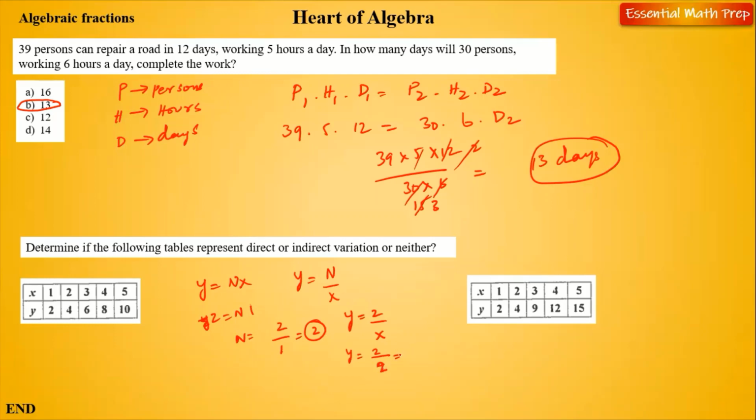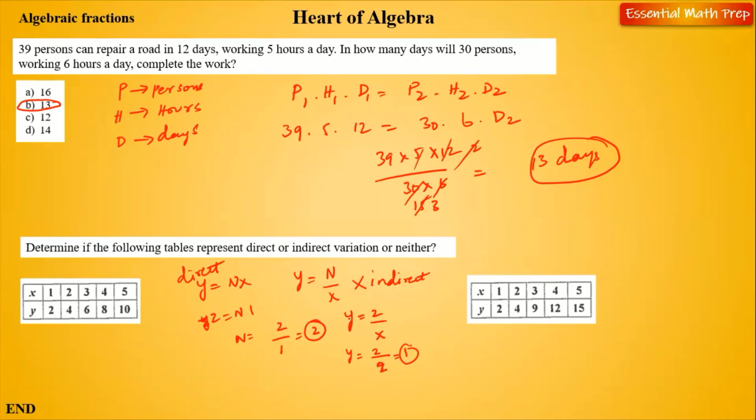If you change x to be 2, y is 1, right? Well, y becomes 1, but y should be 4, right? So this is not indirect variation, and this is a direct variation, right? If we had applied x equals 2, then we should have got 4.